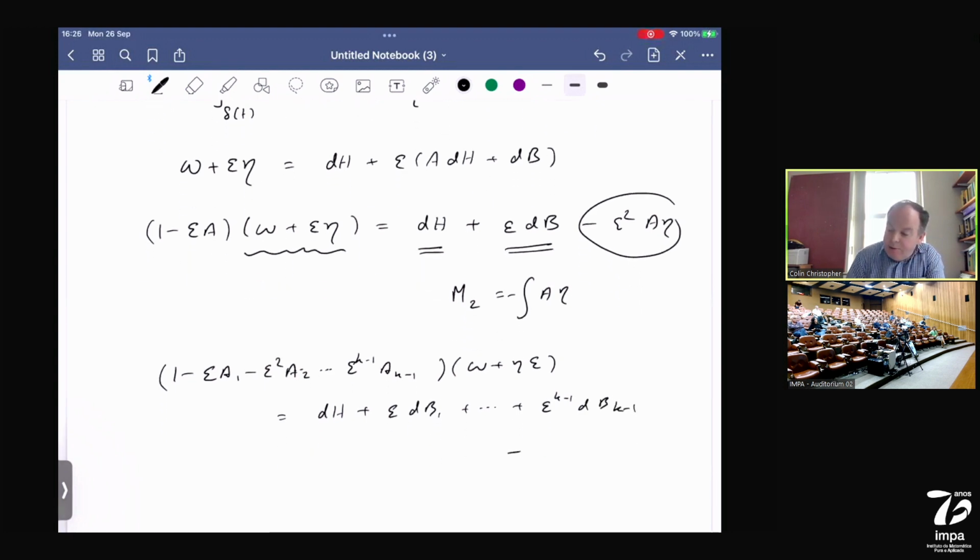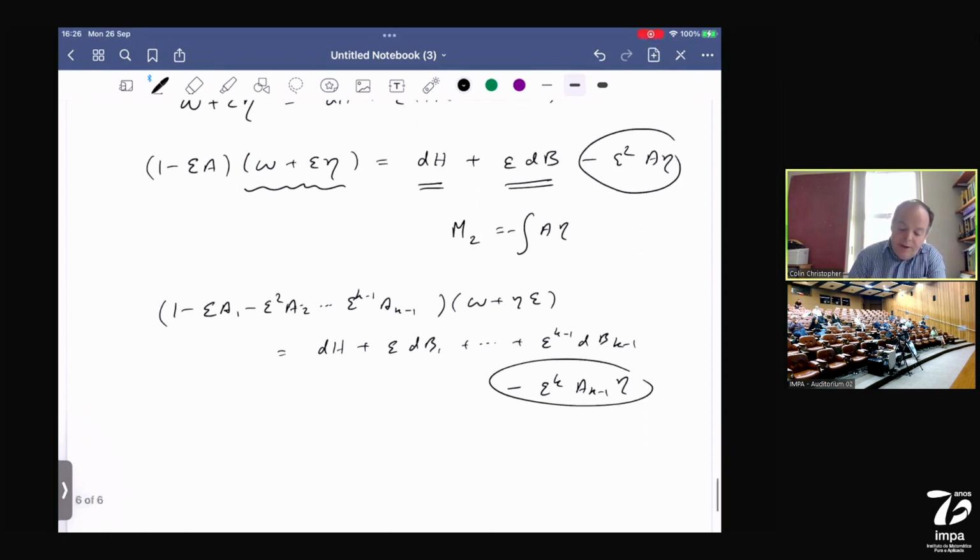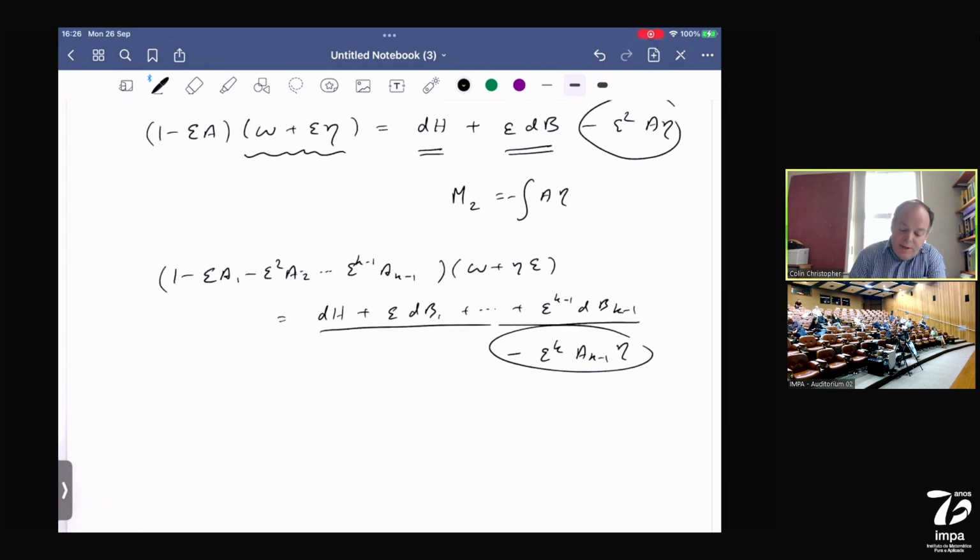And then there'll be a final term, which will be epsilon to the k minus 1 eta. And then if we look at this term, all these things are exact, and so my mk will be equal to the integral of minus A k minus 1 eta if m1, m2, up to m k minus 1 is equal to 0.